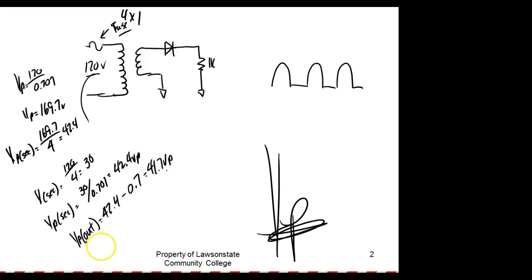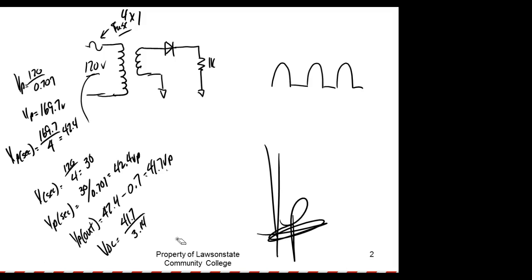And then I calculate my volts DC. And now this is an average. Everybody understand that? Then I'd say V peak over pi. V peak out, 41.7 divided by pi, 3.14. And then we multiply our answer times 2. No, we're not going to multiply by 2. Sorry. This is half wave.